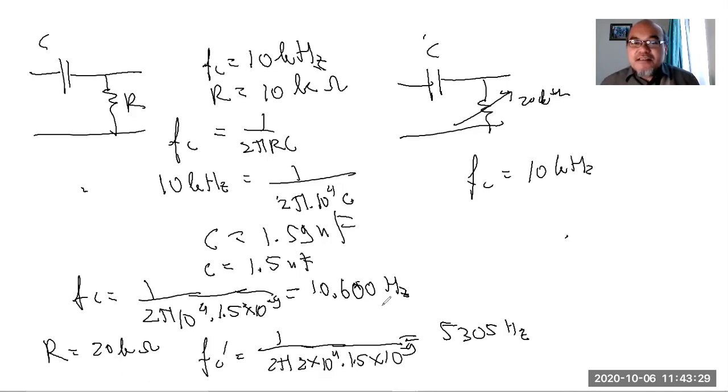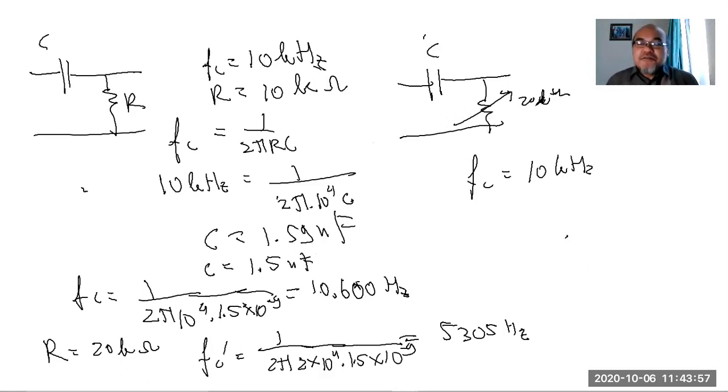Maybe the value is not exactly 20 or 10 kilo ohm, maybe around 11 or 12 kilo ohm. It is usually difficult to find exactly 12 kilo ohm. You could combine 10 kilo ohm with 2 kilo ohm, but the tolerances in each of the resistors may make the circuit not precise.